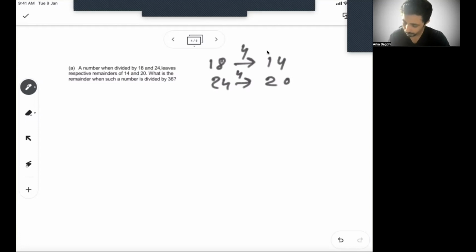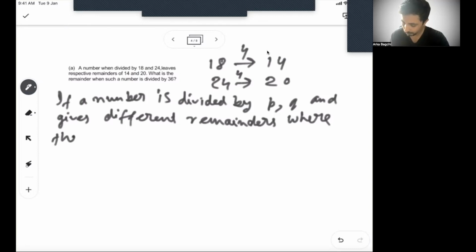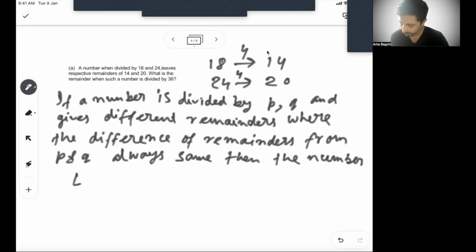What we told: if a number is divided by P and Q and gives different remainders, where the difference of remainders from P and Q is always the same, then the number is LCM of P and Q minus the difference.